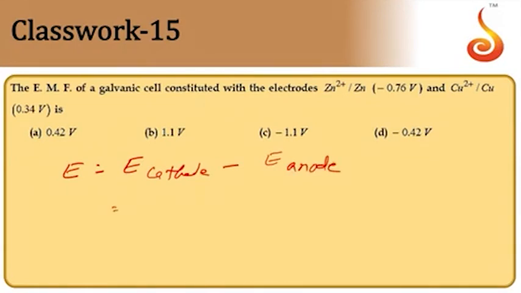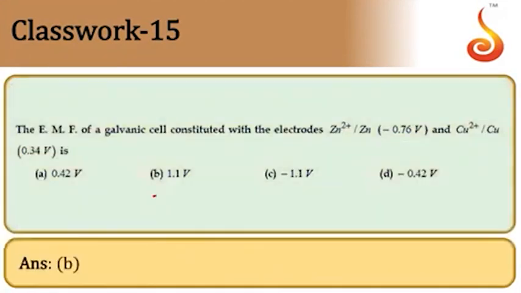The values are directly given. The cathode value is 0.34, minus of minus, the anode is given as 0.76. It comes to 1.1. So the answer is option B, 1.1 volts. So, direct formula: cathode minus anode potentials. So 1.1, answer is B.